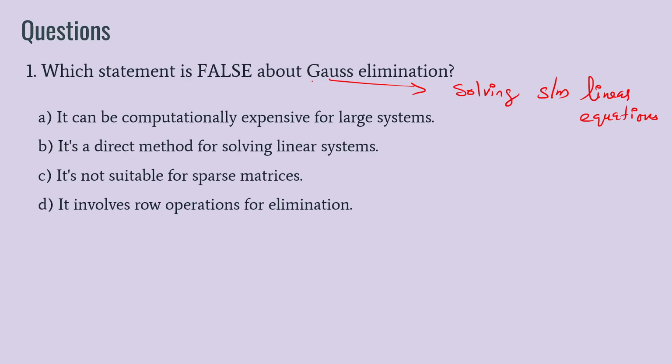Since Gauss elimination is based on row operations, it will become computationally expensive for large systems. So option A is true for Gauss elimination. Second one, it's a direct method for solving linear systems. Again, it is a true statement.